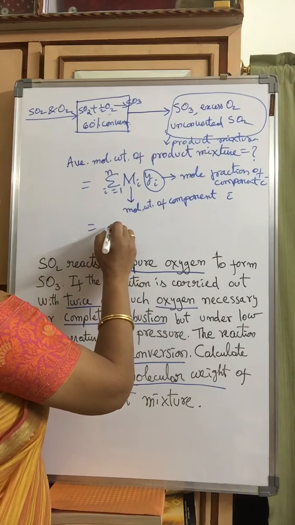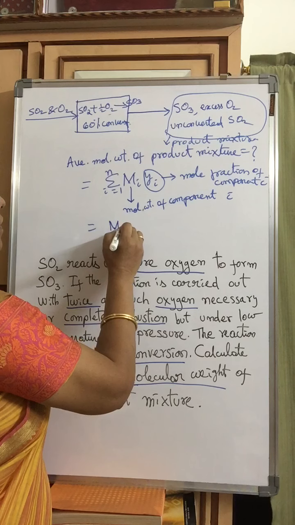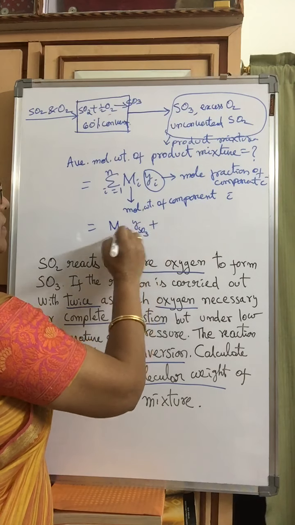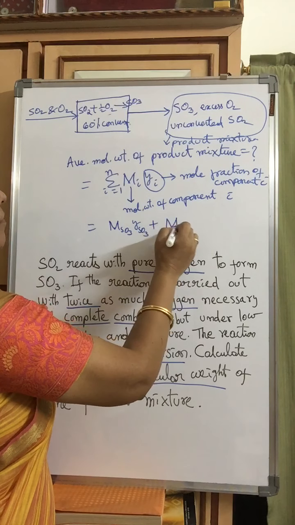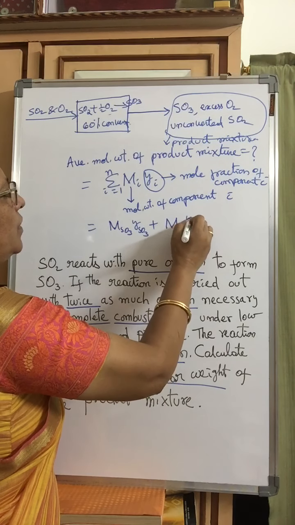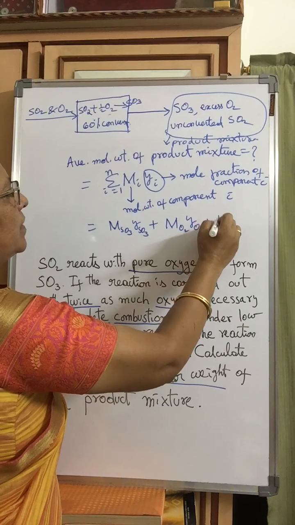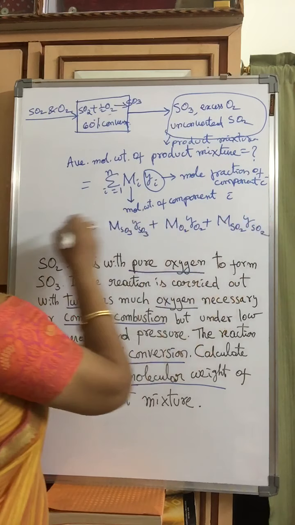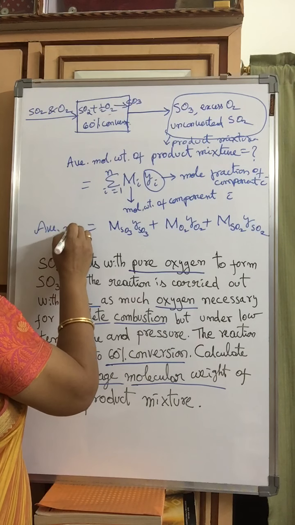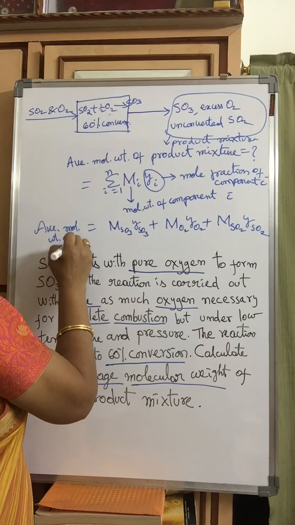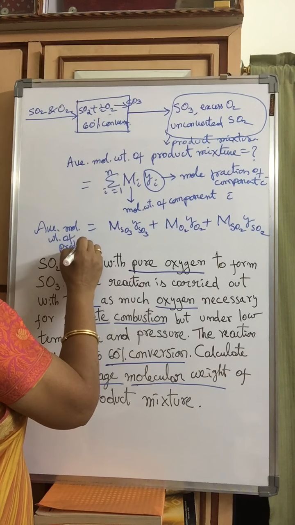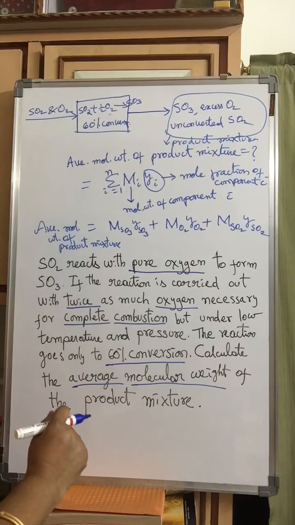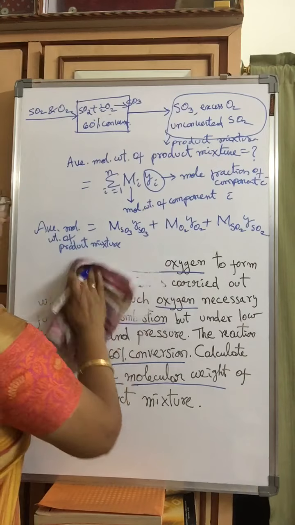Three components. That means M of SO3 into y of SO3, plus M of oxygen into y of oxygen, plus M of SO2 into y of SO2. This is the average molecular weight of the product mixture. This is our plan to solve this problem.